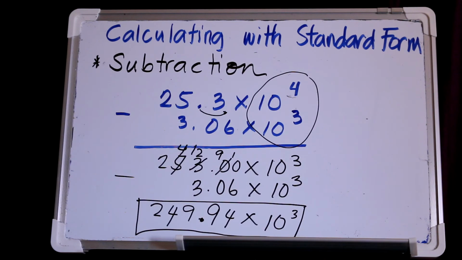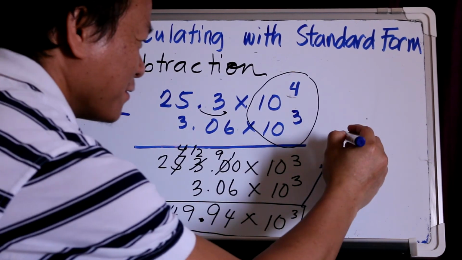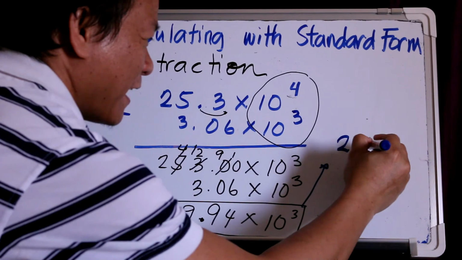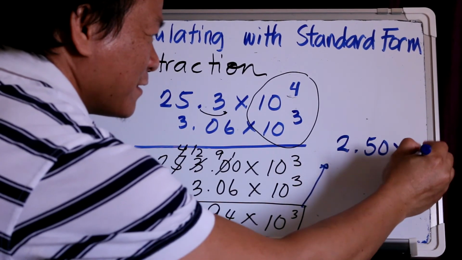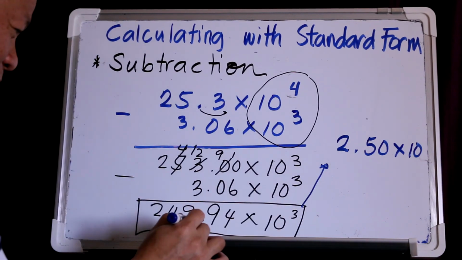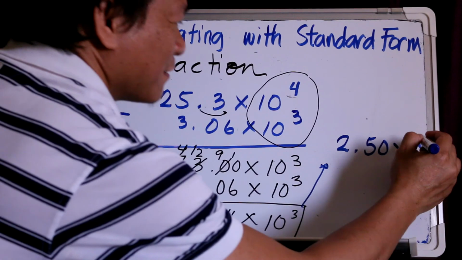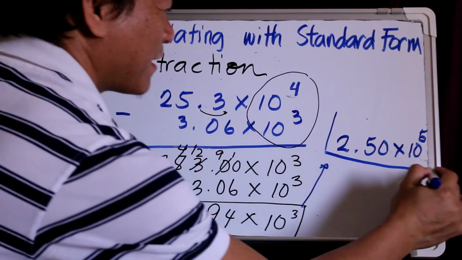But again, we have to rewrite it this way. So 2.50 times 10 to the power of how many places? 1, 2 places, to the power of 5. This is our answer now.